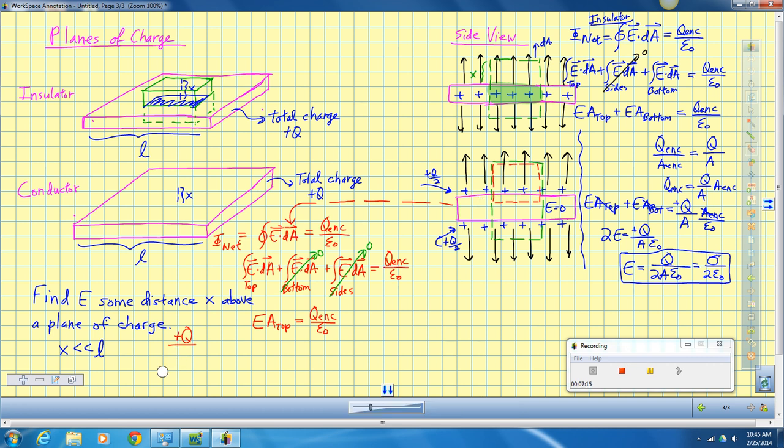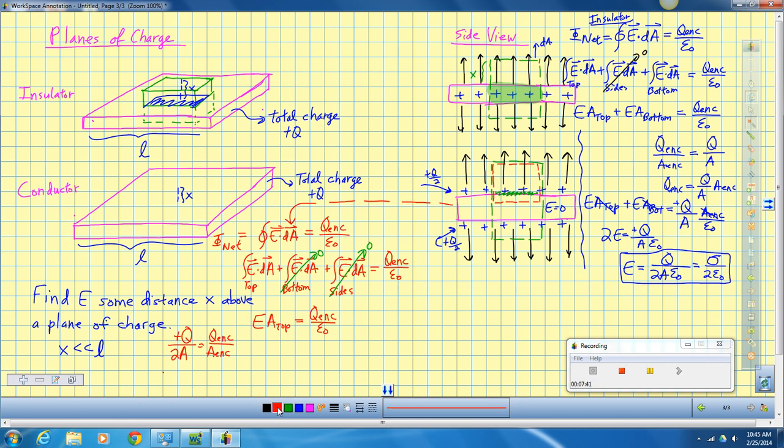So my area here I'm going to call 2 times A, where A is this top surface area size. So the total area that this charge is spread out over is 2A. And that's going to equal the charge enclosed over my area enclosed, where the area that I'm enclosing that has charge on it is just this little area right there.